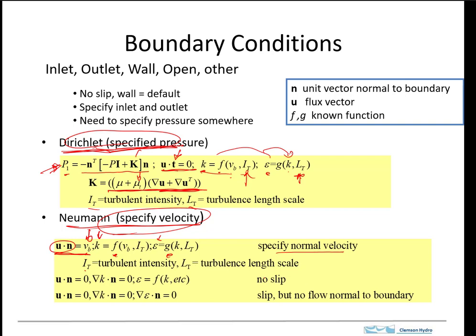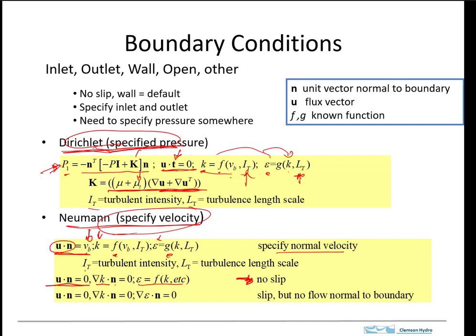If it's a no slip boundary, this is what we use for laminar flow, and we're going to specify a velocity, but then we also have to specify, in this case, the gradient of K normal to the boundary, and we have another term for epsilon.